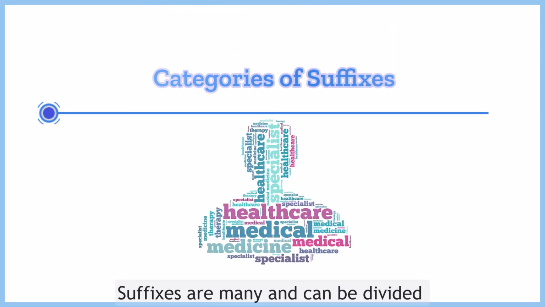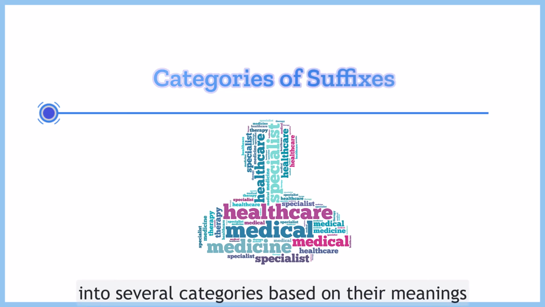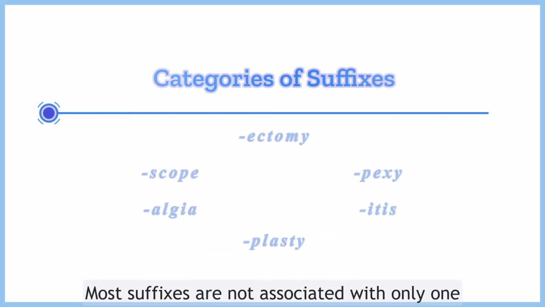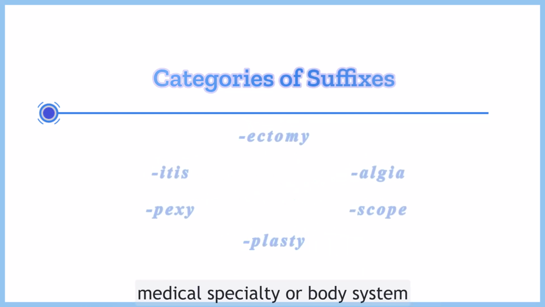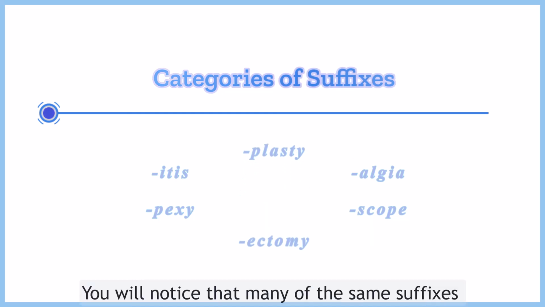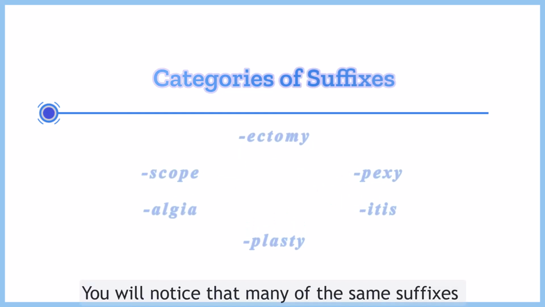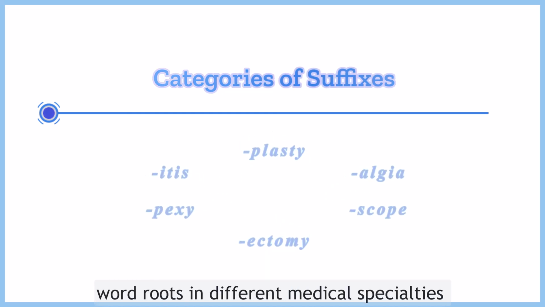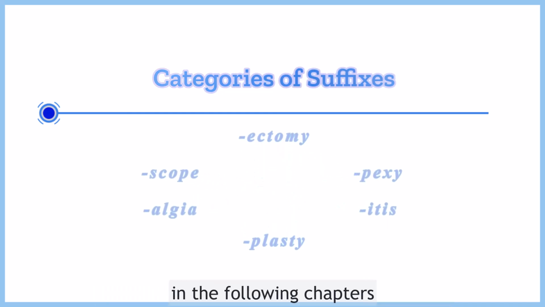Suffixes are many and can be divided into several categories based on their meanings. Most suffixes are not associated with only one medical specialty or body system. You will notice that many of the same suffixes are used and reused with different sets of word roots in different medical specialties in the following chapters.